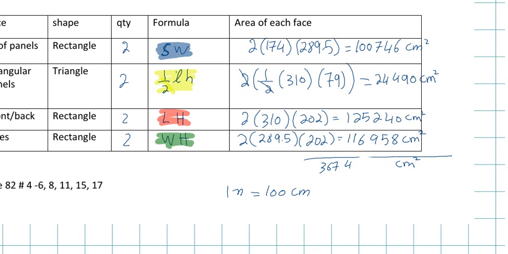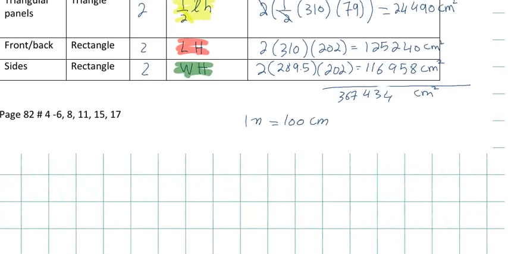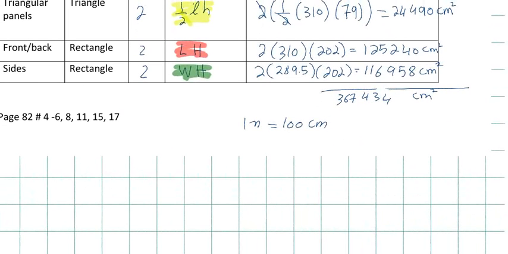So 1 meter equals 100 centimeters. I want them in square, so what do I have to do? Square them. So 1 meter squared equals 10,000 centimeters squared. So you place that value under centimeter squared, cross multiply, divide by 10,000.